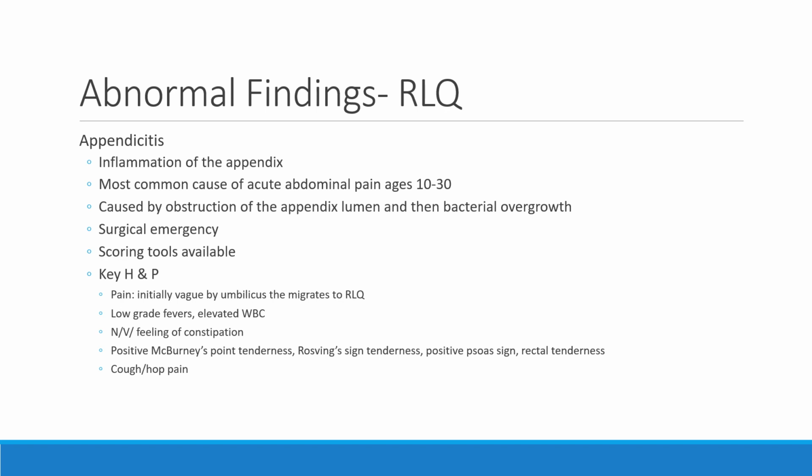They can have low-grade fevers, elevated white blood cell count, nausea, vomiting, feelings of constipation, and then some of the special testing that we talked about. They can have positive McBurney's point tenderness, Rovsing sign tenderness, positive psoas sign, rectal tenderness. And these patients, if you ask them to cough or hop, that should induce pain.